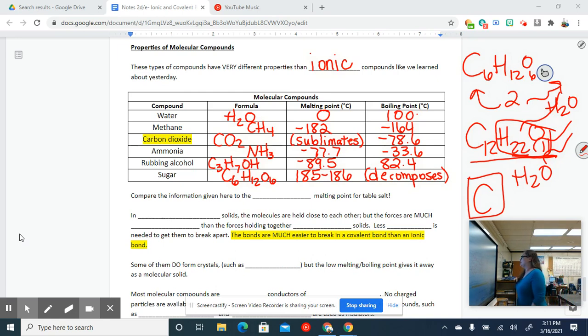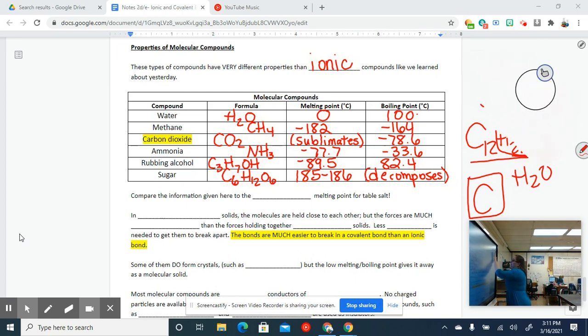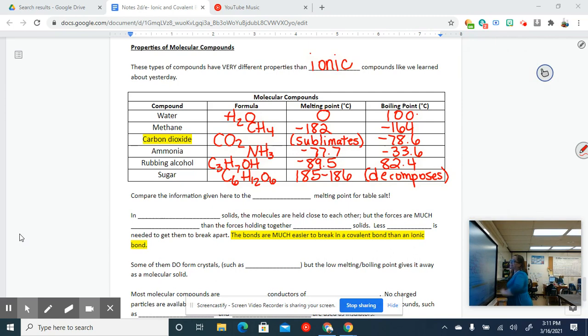It decomposes. So now that we have looked at a couple of these, how does that compare to ionic? We know that ionic had a really stupid high melting point of 801 degrees Celsius. Does that even remotely compare?